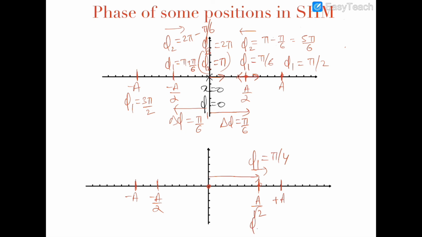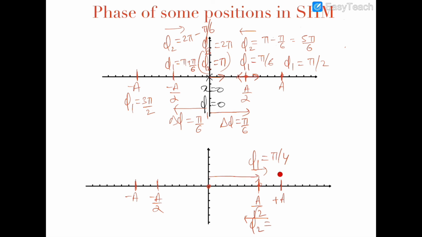Now the particle, when it is moving in the backward direction and it is at a by root 2, so it is moving in the backward direction. So we can say that if the particle has completed this half cycle, then the phase would have changed by pi, but it has fallen short by a delta phi of pi by 4 because it has not reached this point.